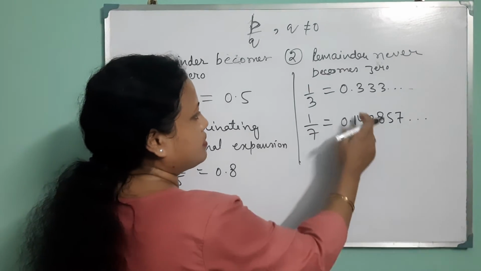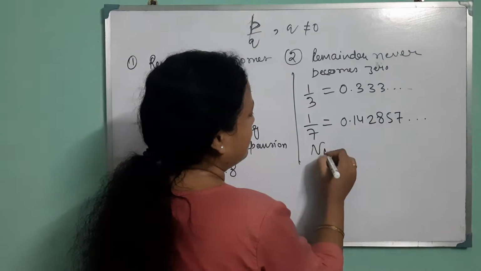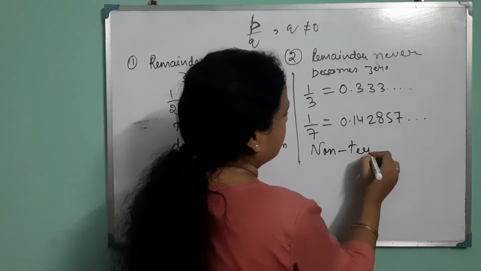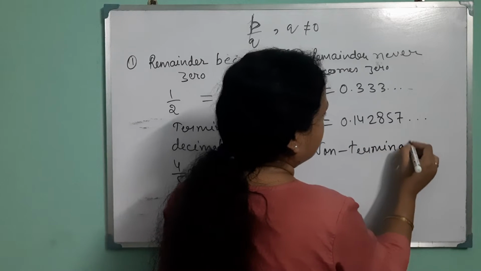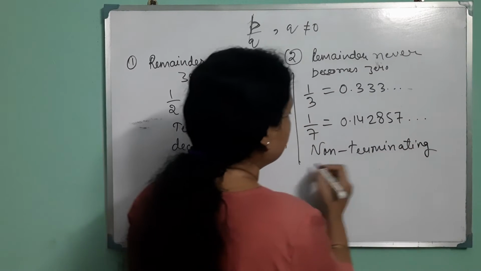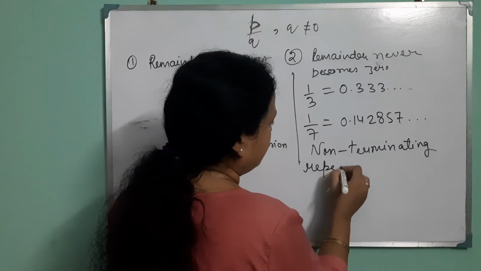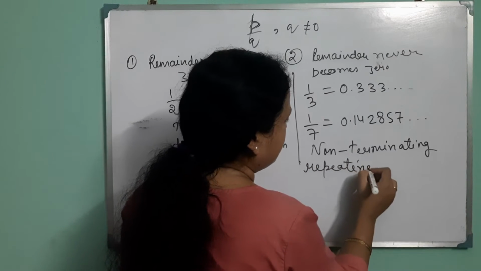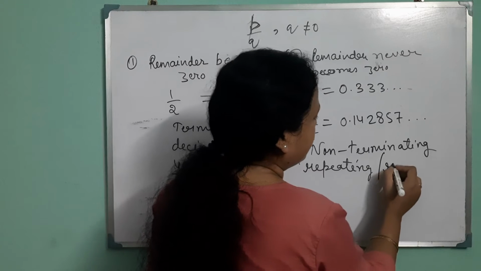So this type of decimal expansions are known as non-terminating, repeating or recurring decimal expansion, because digits are repeating.